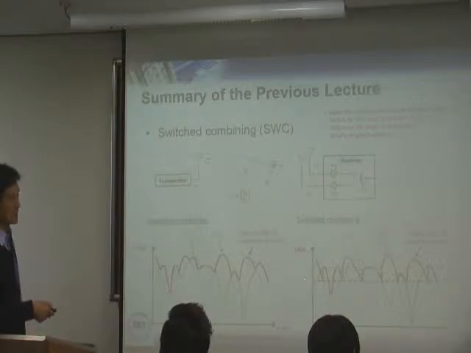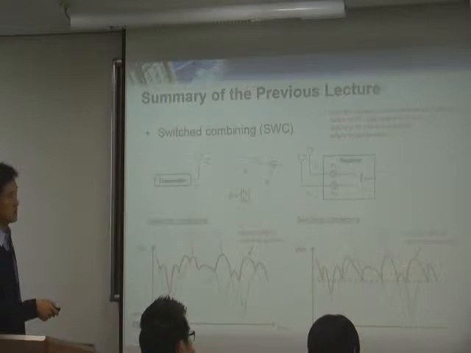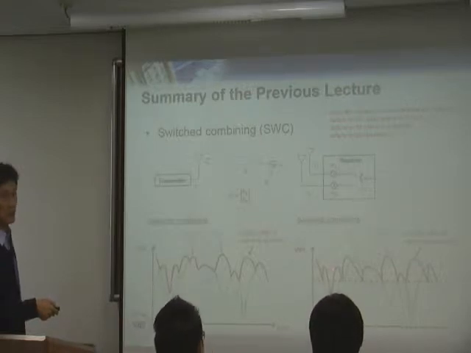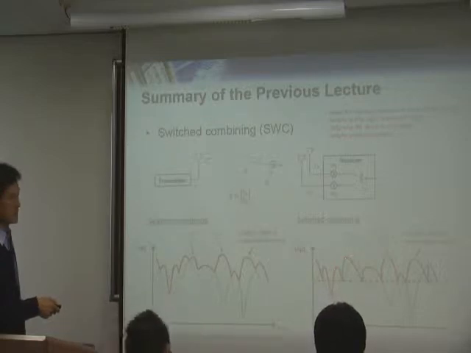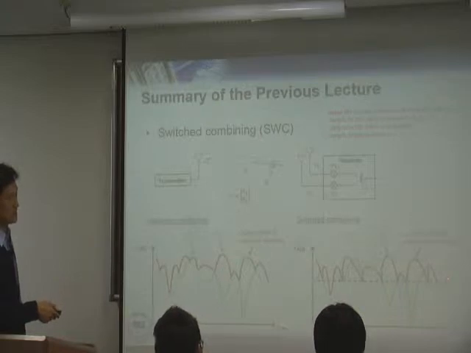What that means is, as long as my SNR is higher than this threshold, then I'm okay. I don't have to try to get the maximum SNR. As long as my SNR is higher than gamma t, I'm good enough. So that is the motivation.